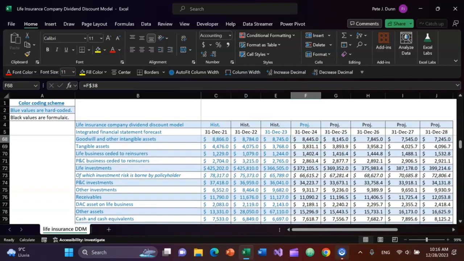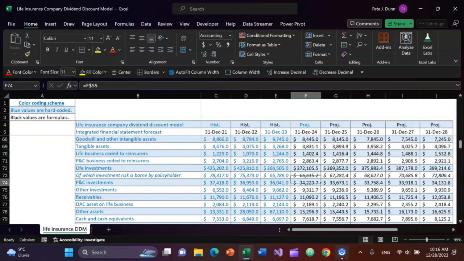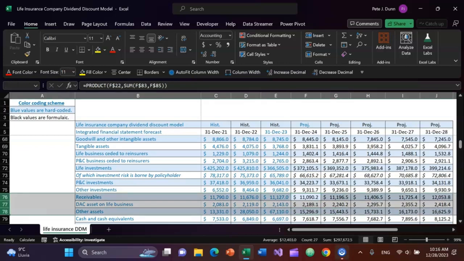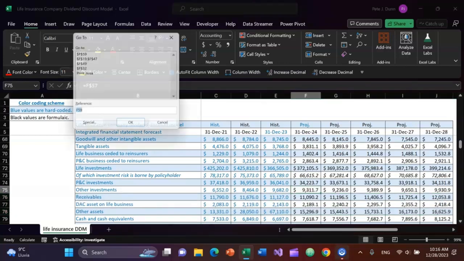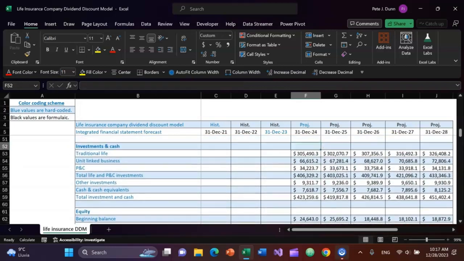For example, 68 through 71, which is goodwill, intangible assets, and the business that's been ceded to reinsurance companies. You'll also subtract out, to get that number, accounts receivable, the life insurance deferred acquisition costs, and then other assets. You can use F5, Enter to go back up. That's how I get to total investments in cash.